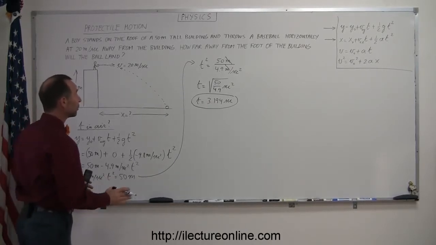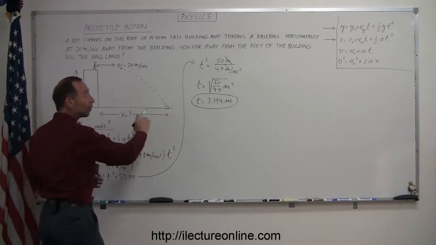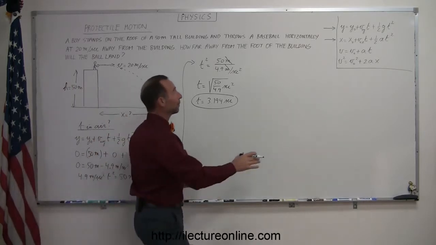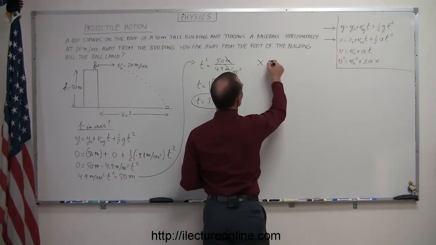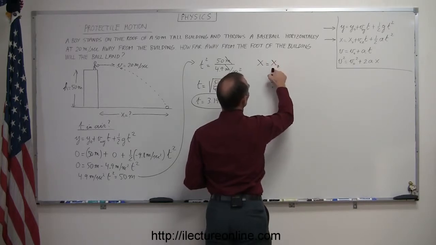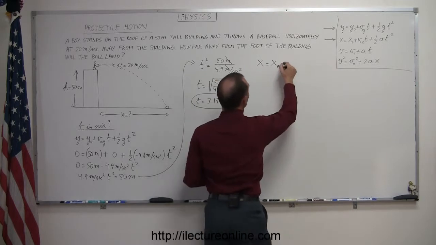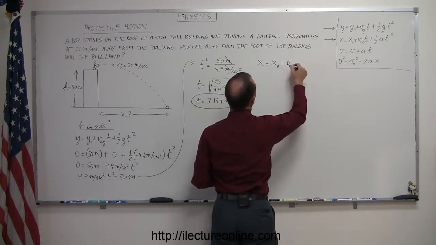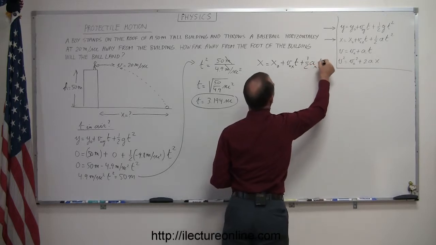So next we're going to take that information and plug it into the same equation for the horizontal component of the velocity. So now we grab the second equation where x, the final distance covered, equals the initial position where we were when time equals 0 in the x direction, plus the initial velocity in the x direction times time, plus 1/2 a in the x direction times time squared.